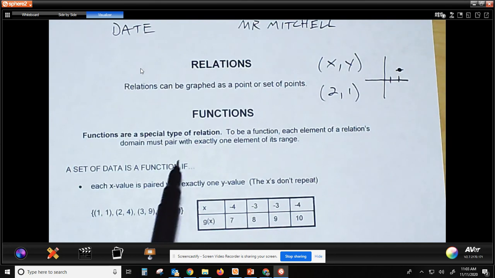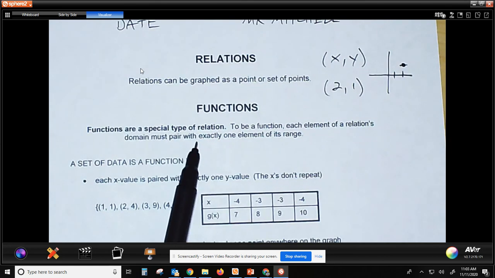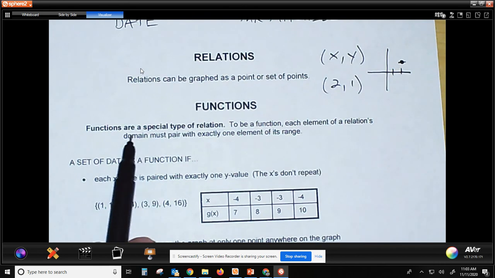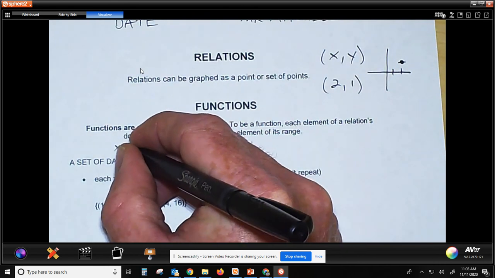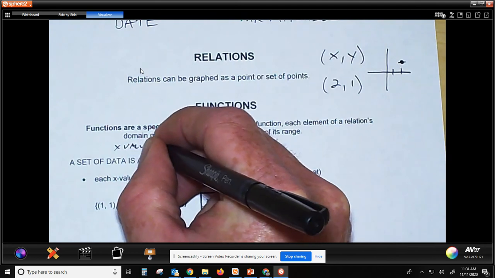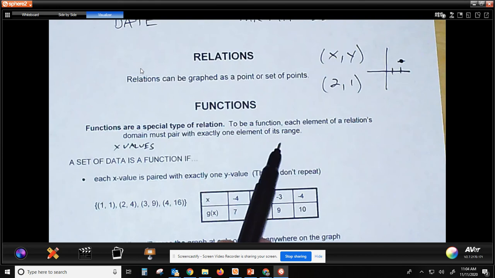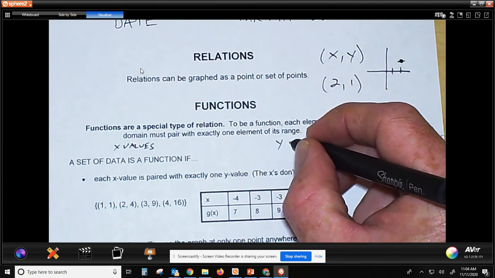But a function is a special type of relation. To be a function, each element of a relation's domain, the x values, must pair with exactly one element of its range, the y values.